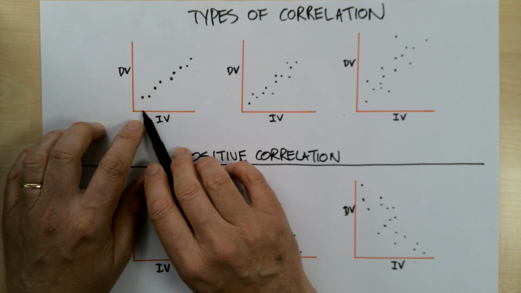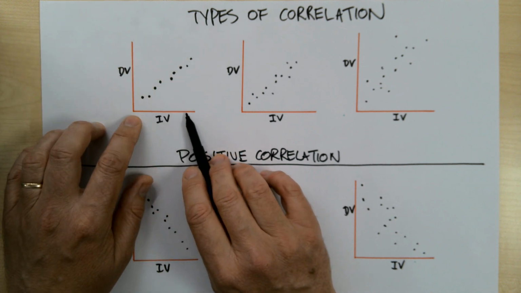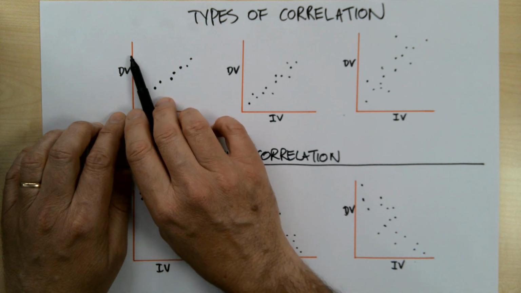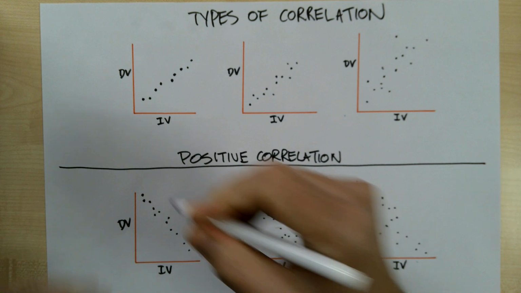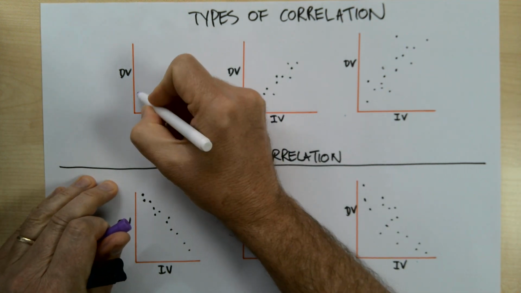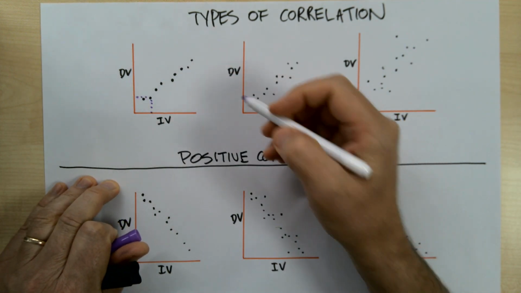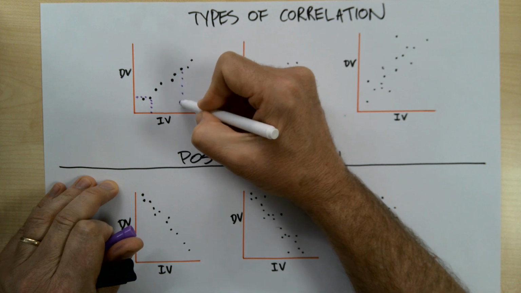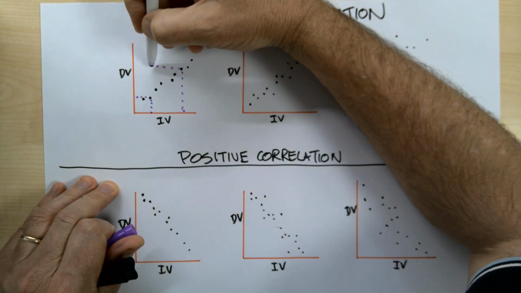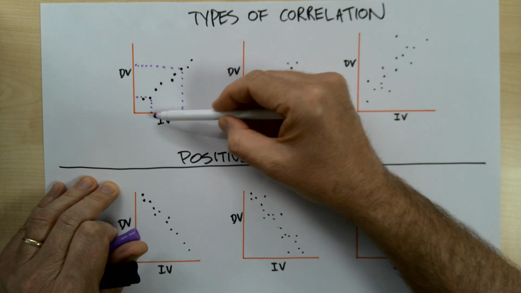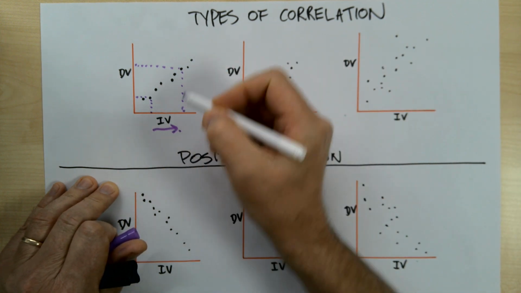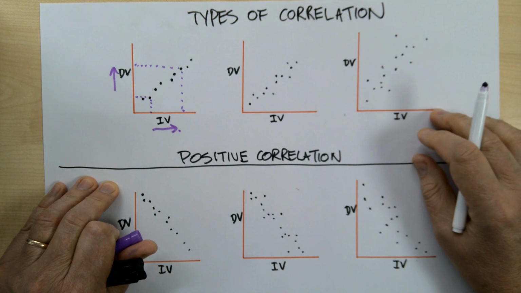To put it another way, as the independent variable increases, the dependent variable increases. For instance, if we plot the 2 points, there's that one, but then that one's sort of like that. As you go up here, this one is increasing as well.